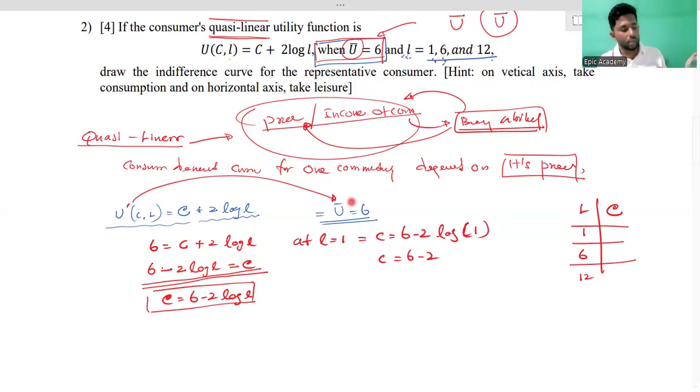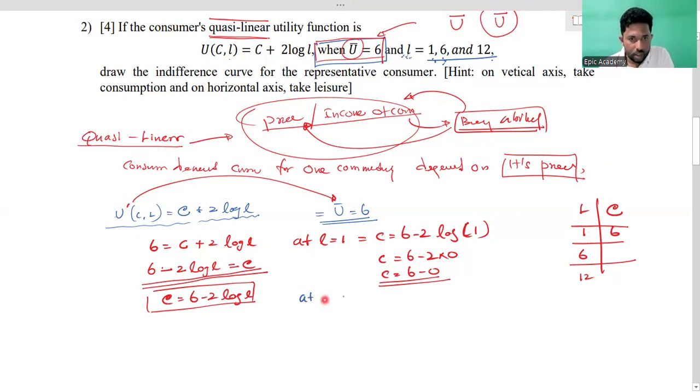Press the log, within brackets put the 1, close the bracket, press equal. It becomes 0. Then the log value becomes 0. That means C equals 6 minus 0, so C becomes 6. Are you okay with that? Okay, let's move to the next one.